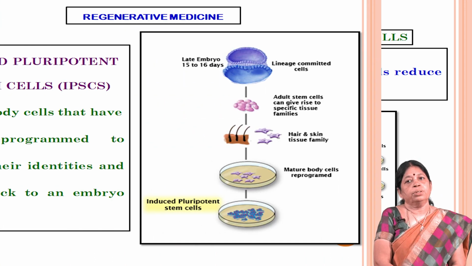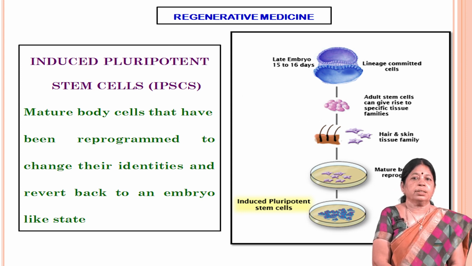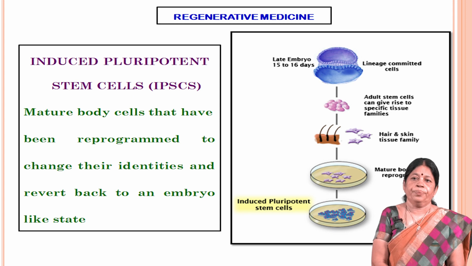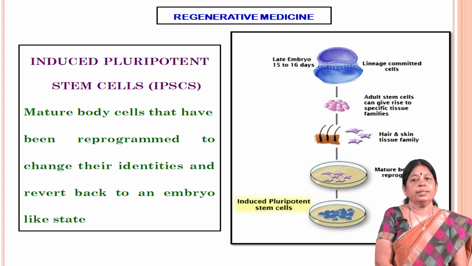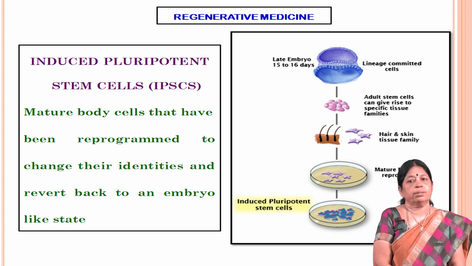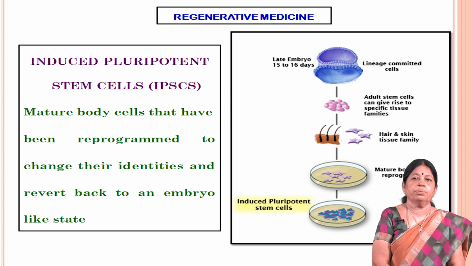Induced pluripotent stem cells are mature body cells that have been reprogrammed to change their identities and revert back to an embryo-like state. Through biotechnology, we can do this process through regenerative medicine.